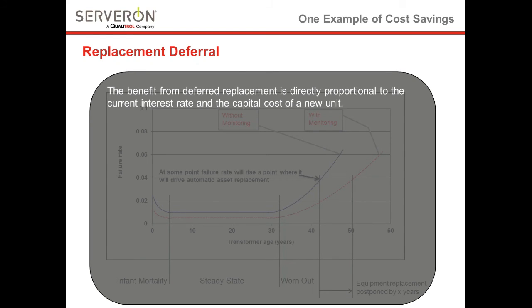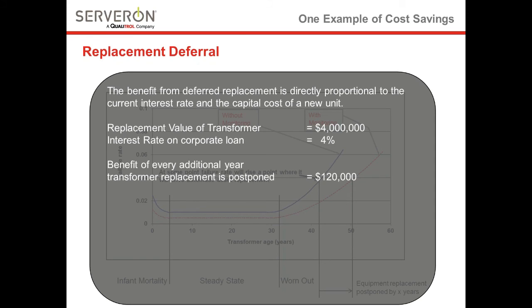So the benefit from deferred replacement is directly proportional to the current interest rate and the capital cost of a new unit. And this is the way I've presented it here. There are other mechanisms by which it can be calculated, but if we simply look at the cost of the money. So again, totally for illustration purposes, replacement value of a transformer, $4 million, interest rate on a corporate loan, perhaps 4%, and IEEE actually details it, I think, at 10%, but that's perhaps not a current interest rate.